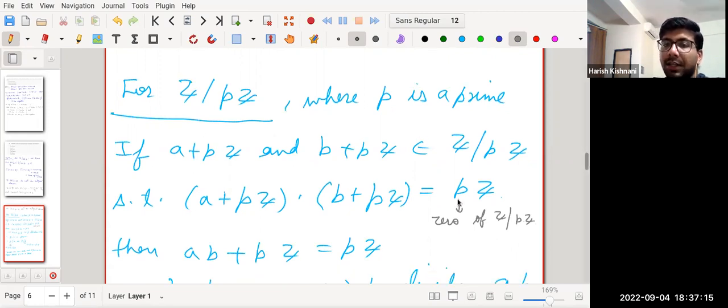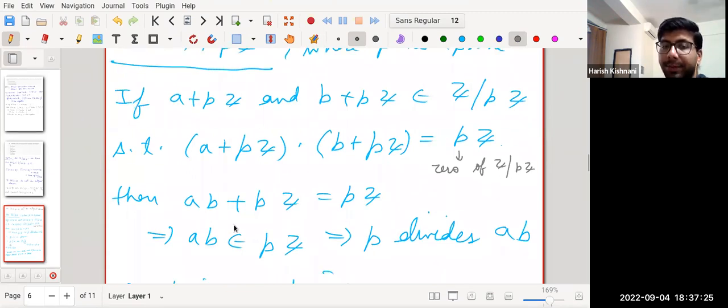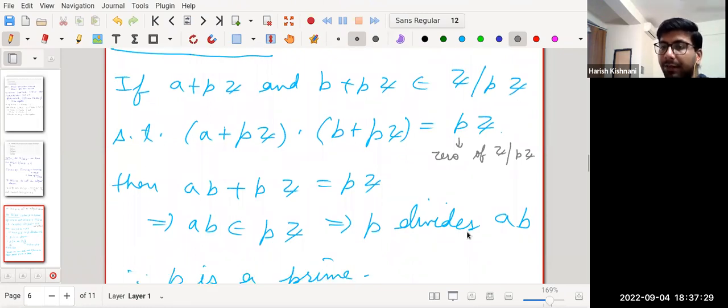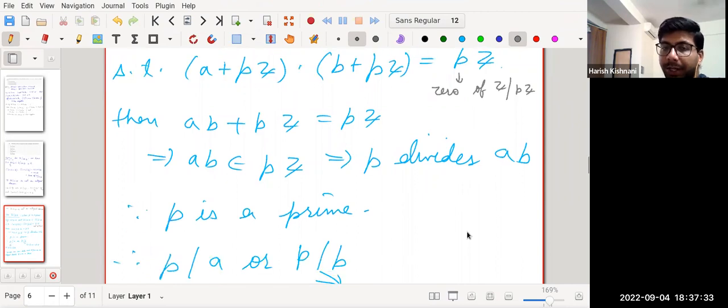What does this mean? Their product is just ab plus pZ. If ab plus pZ is equal to pZ, it means that ab is inside pZ, and that implies that p divides ab. And being a prime, if p divides ab, then either p divides a or p divides b.